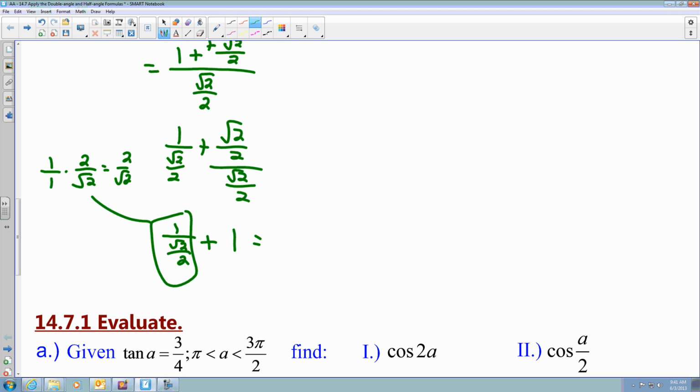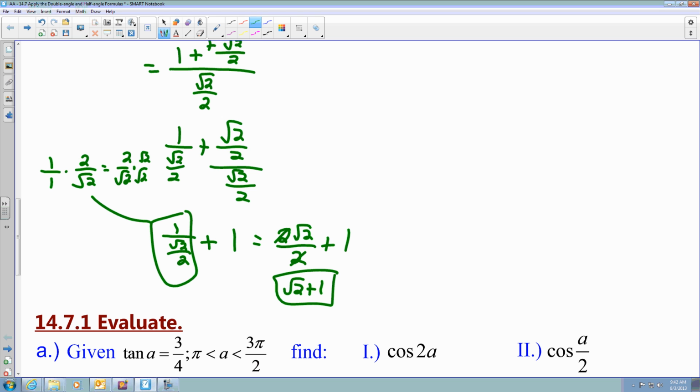But I can't have a radical in here, so I'm going to multiply both the top and the bottom by the square root of 2. So this is going to end up equaling 2 times the square root of 2 divided by 2, plus 1. And then these cancel, so the last thing is going to be the square root of 2 plus 1.